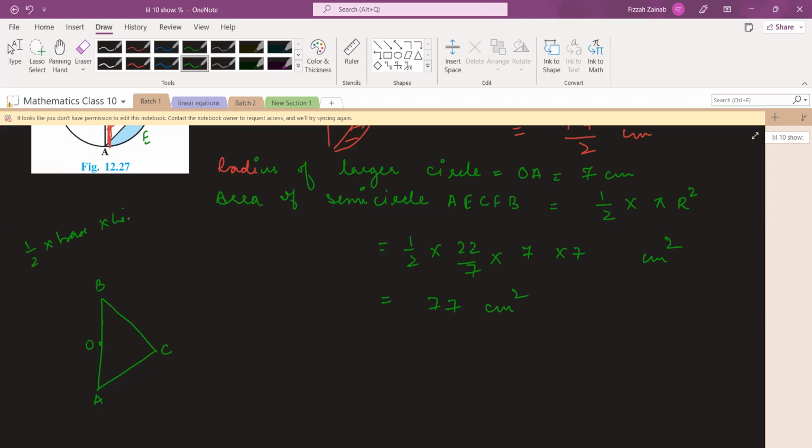Base into height, that's the formula. Now what is the base of this triangle? AB, right? AB is the diameter of the circle. So that means 7 plus 7, so this is 14 centimeter. And what is the height? Height OC?